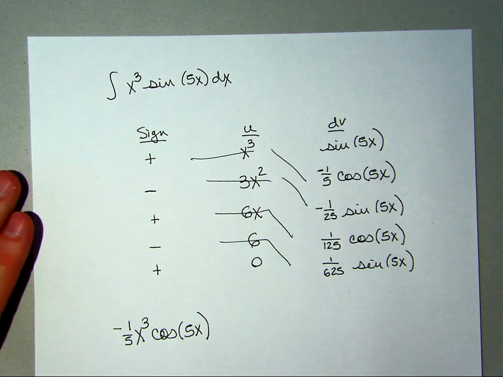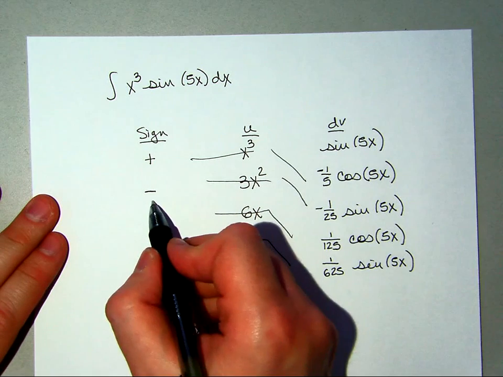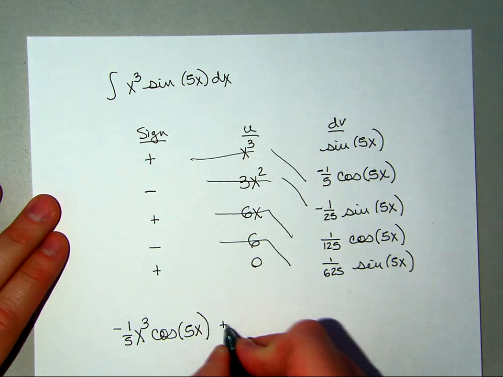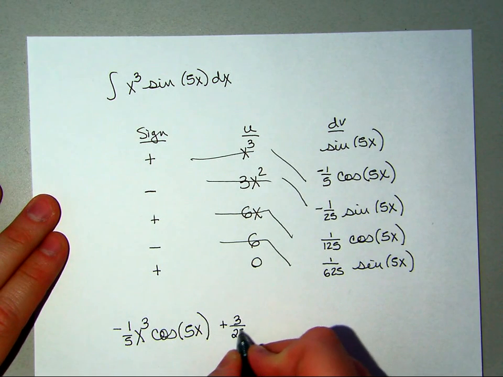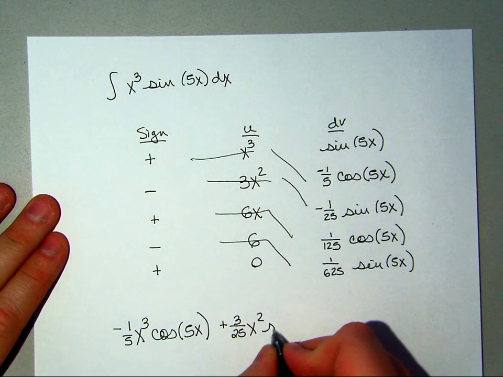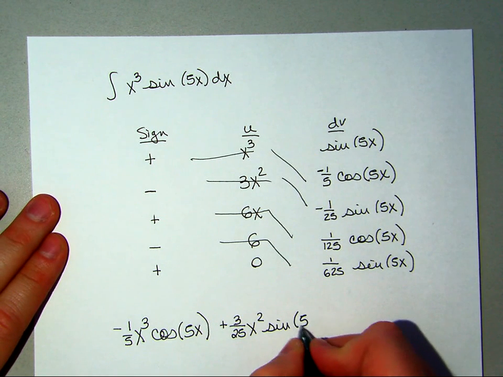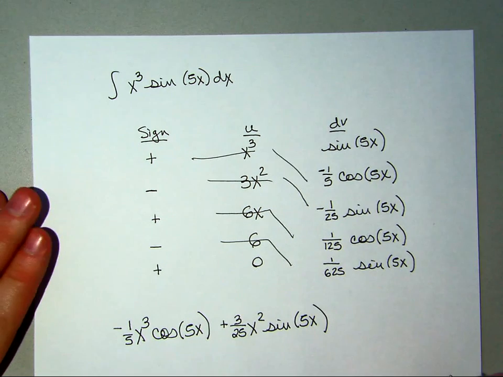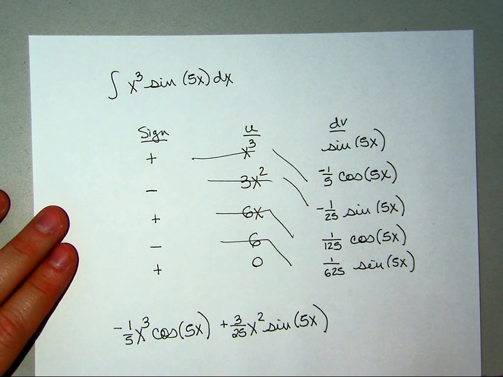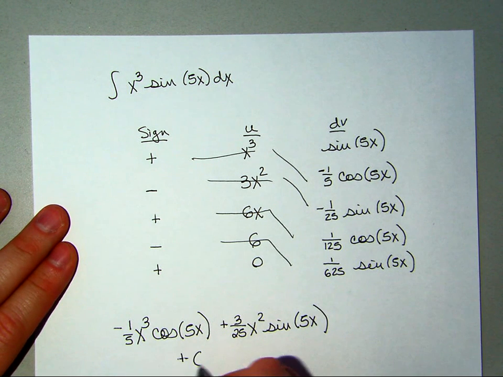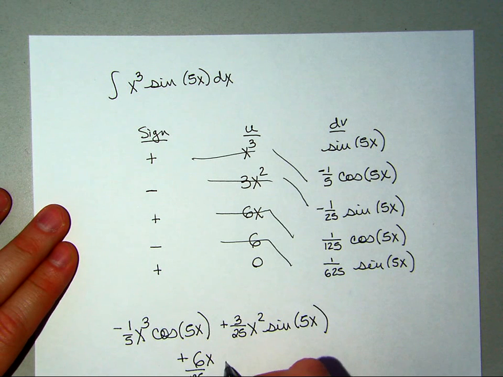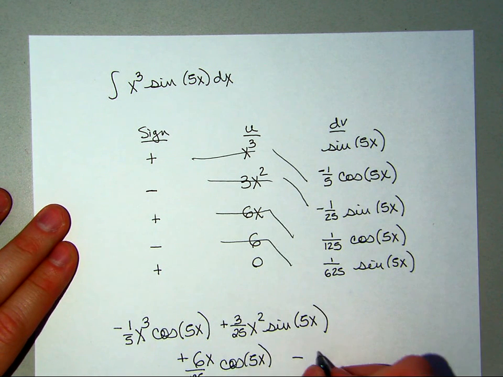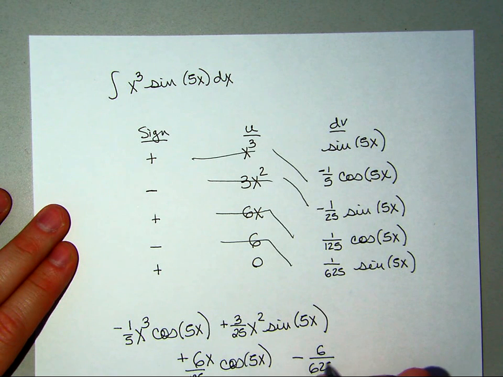You're going to get plus 3/25 x squared sine 5x. Next. Plus 6x over 125 cosine 5x, minus 6 over 625 sine 5x, plus your constant.